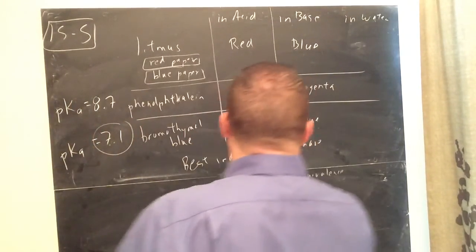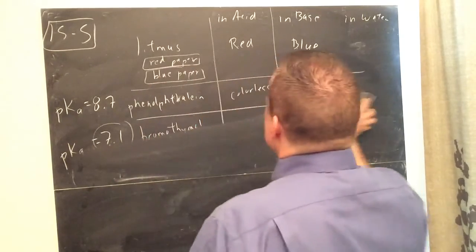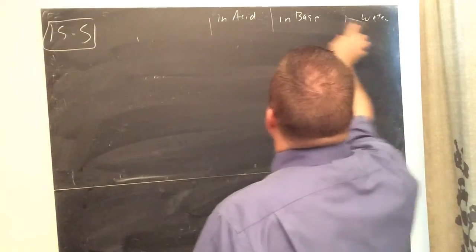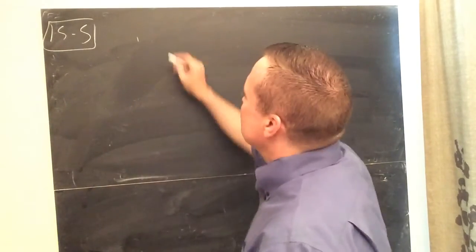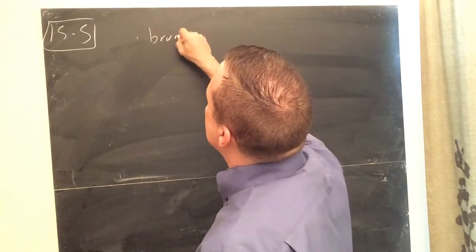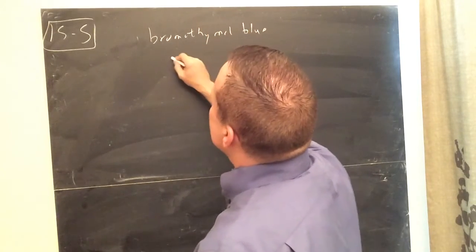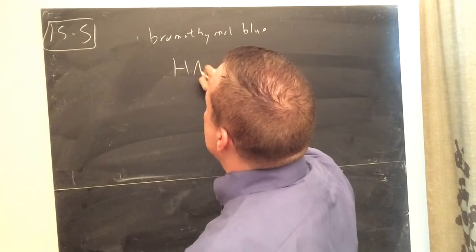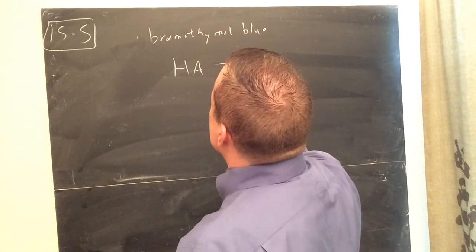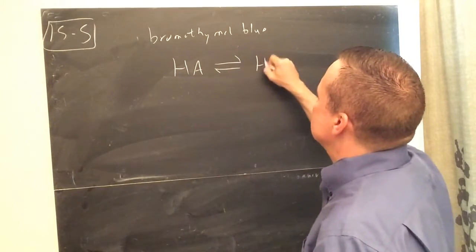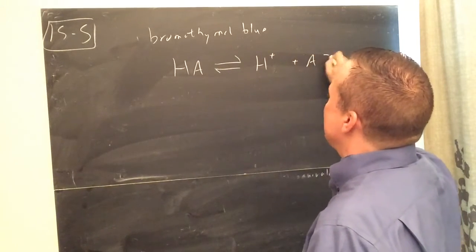And there's only one more thing I'll just show you. What I'm showing you right now is probably all you're going to need to know about indicators. But there's one more thing I want to show you. Like I'll use Bromothymol Blue. Every indicator is an acid. And remember we have HA, which mixes with water or whatever, or breaks down into H plus and A minus.